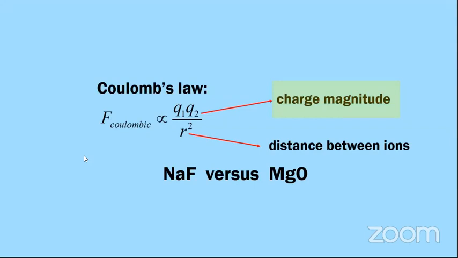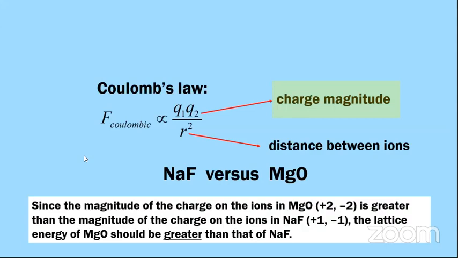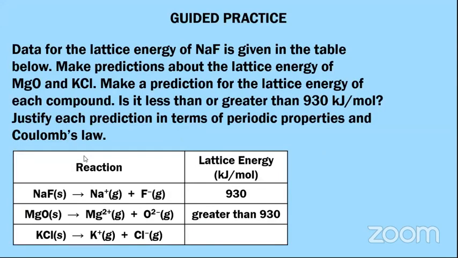So in terms of our prediction, since the magnitude of the charge on the ions for magnesium oxide is greater than that of sodium fluoride, the lattice energy of magnesium oxide should be greater. So that's our prediction, greater than 930.